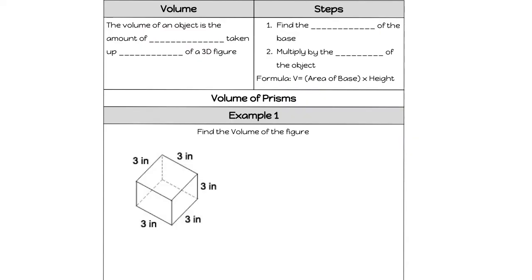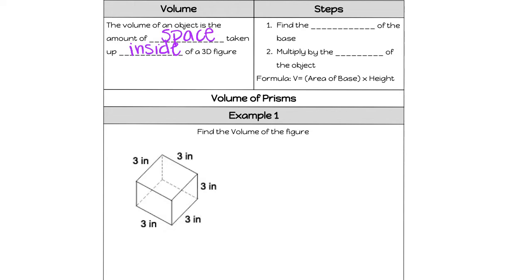So like I said, the volume of an object is the amount of space taken up inside of a 3D figure. So before we were talking about surface area, that's the amount of area on the outside.